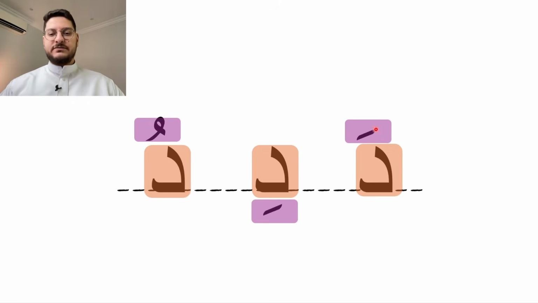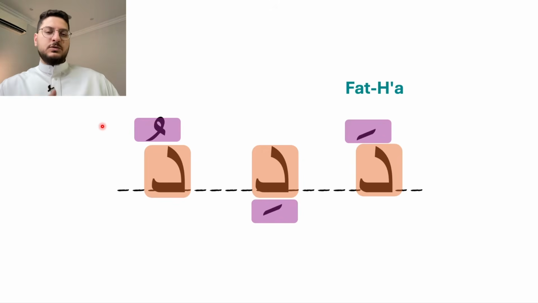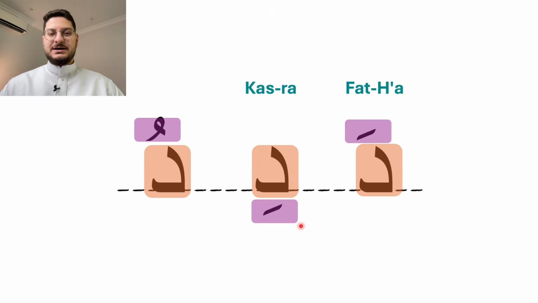Same letter, different vowels. The first vowel, which is like the dash on top, is what we call fatha in Arabic. Memorizing the names of these vowels will be really useful because we will be using them throughout the course. Fatha. طيب. The second vowel, the dash underneath, is called kasra.